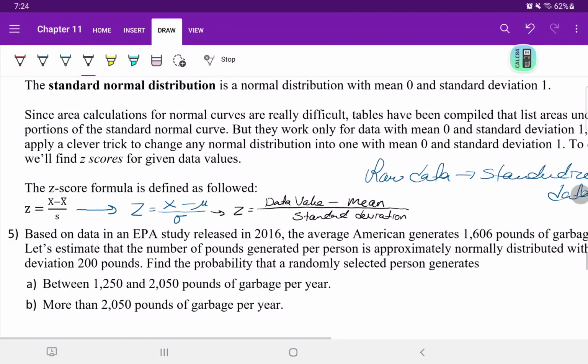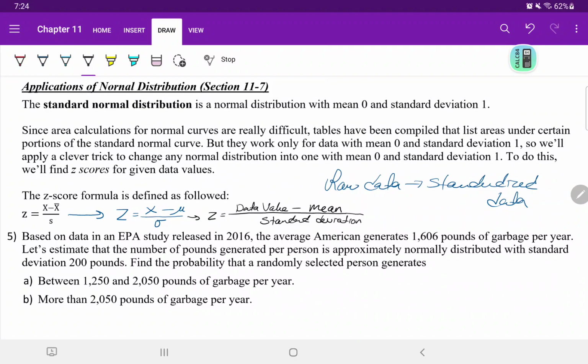Now, it says here, based on data in the EPA study released in 2016, the average American generates 1,606 pounds of garbage per year. Let's estimate the number of pounds generated per person is approximately normally distributed.